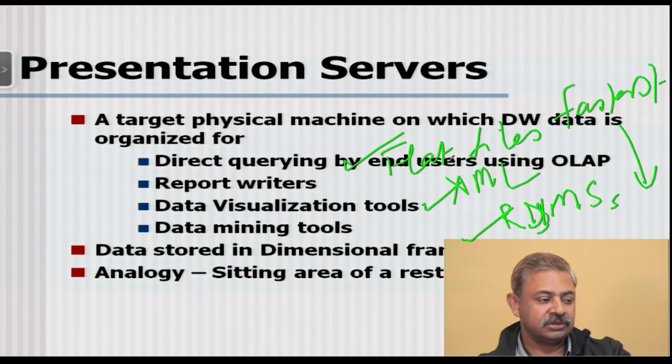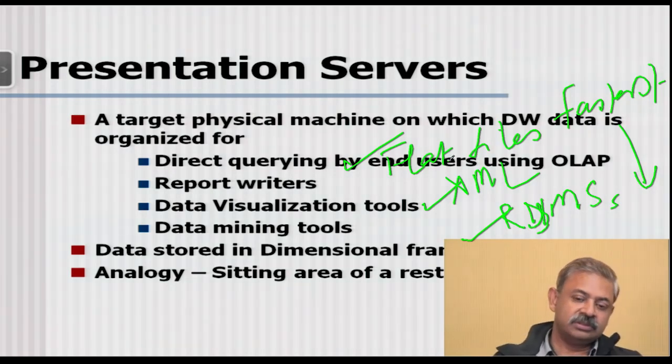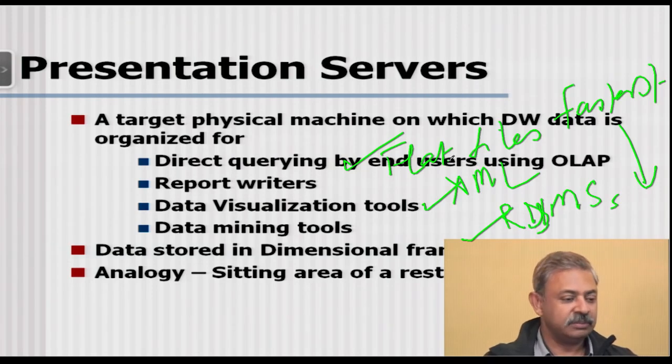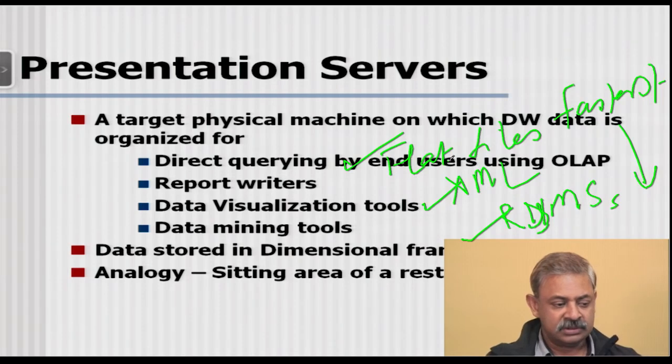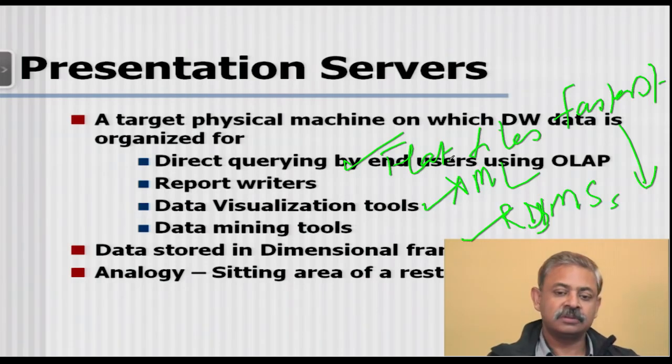And then we have the presentation servers. These presentation servers are nothing but the actual data warehouse, a target physical machine on which warehouse data is organized for direct querying by end users using OLAP tools, report writers, data visualization tools and data mining tools.